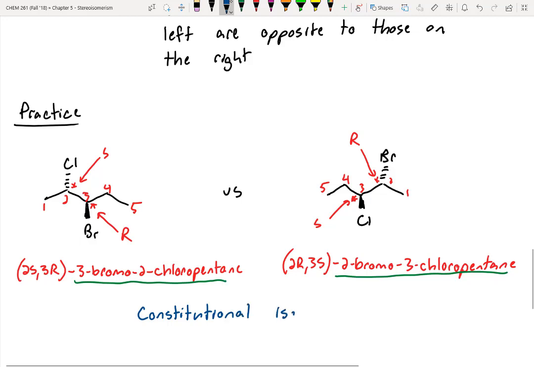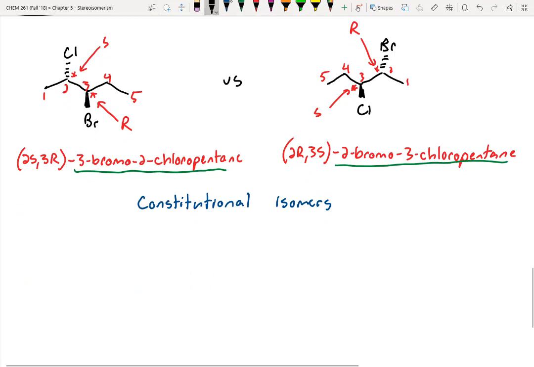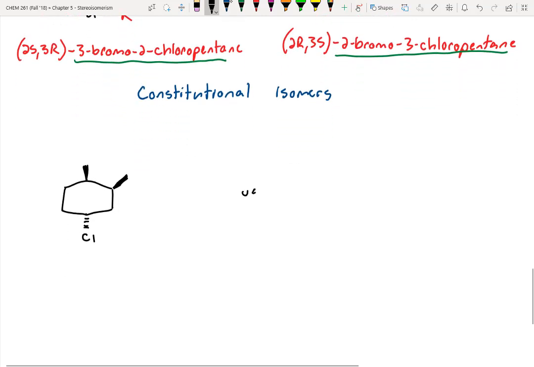All right, let's do another one. All right, so we've got two different molecules.